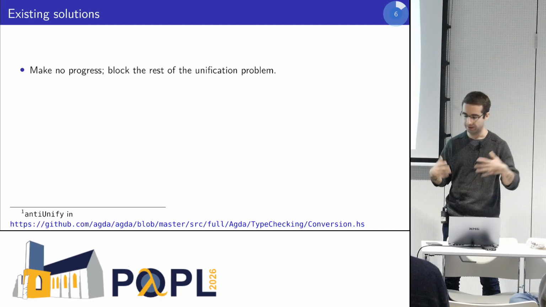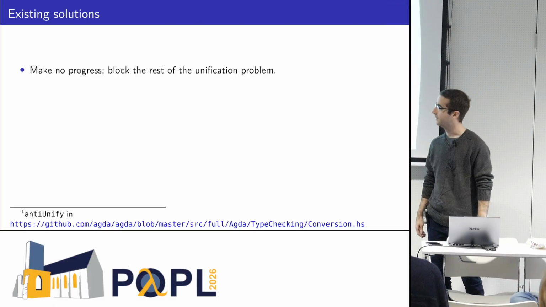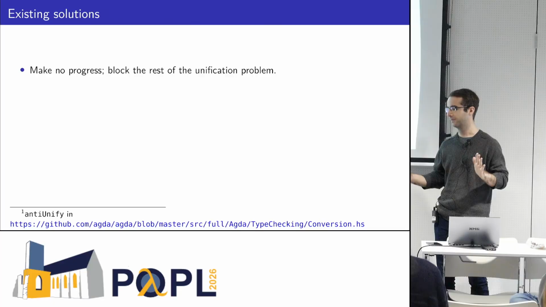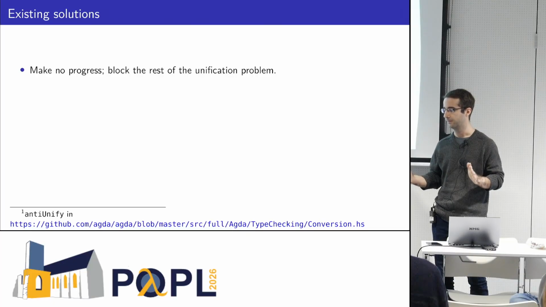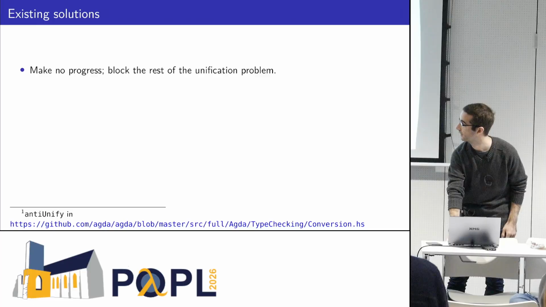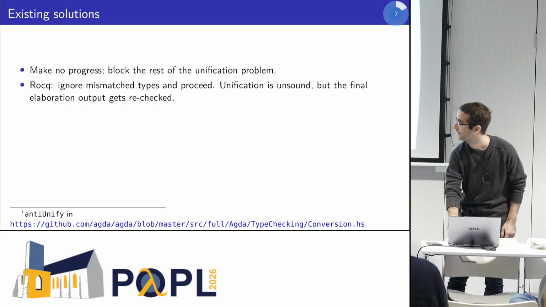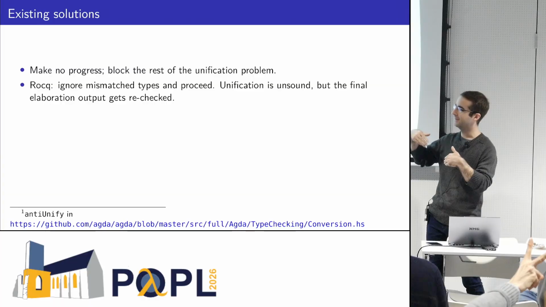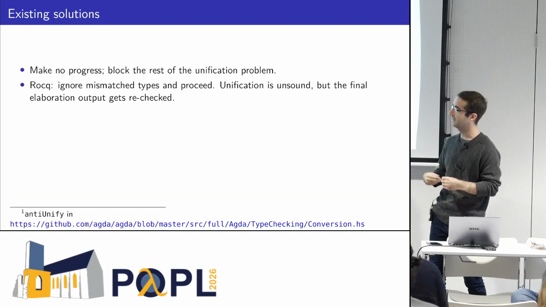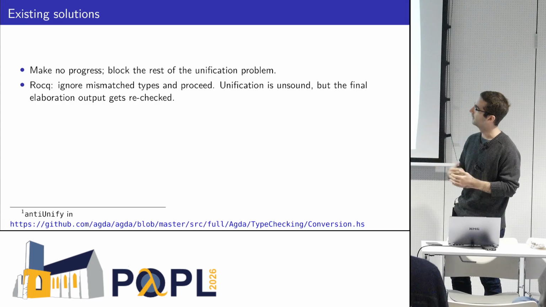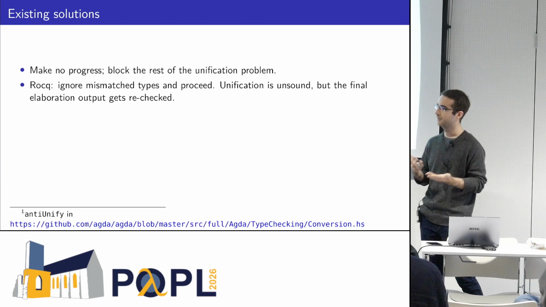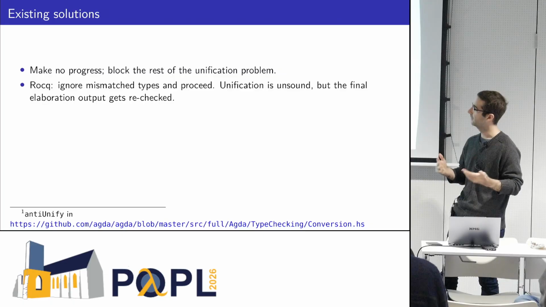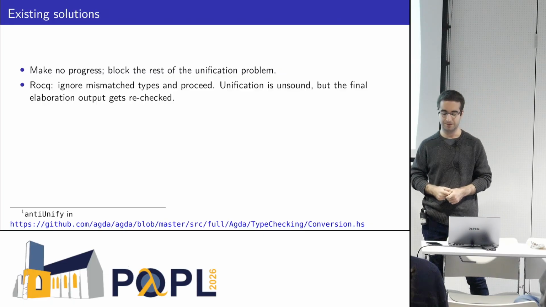Okay, so what are the existing solutions? One solution is to make no progress and block the rest of the unification problem. This is quite easy. Another one, which I have been told is the Rocq solution, though I haven't checked the source, is that you can ignore mismatched types and proceed. Now you can get random ill-typed terms, but the final elaboration output gets rechecked.